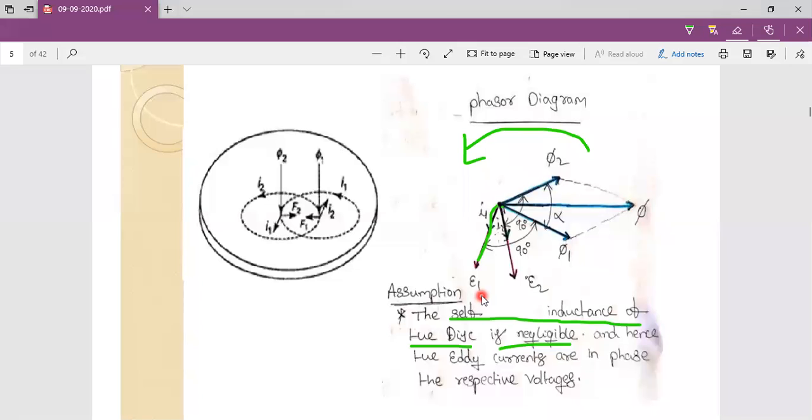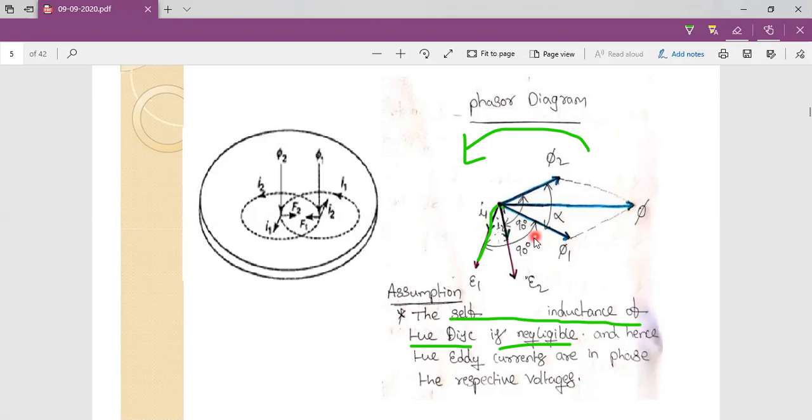Now we can see the electromagnetic elements: phi 2 and phi 1 in the air gap, which link with the disk, and E2 and E1, and I1 and I2 in the disk because of flux cutting.